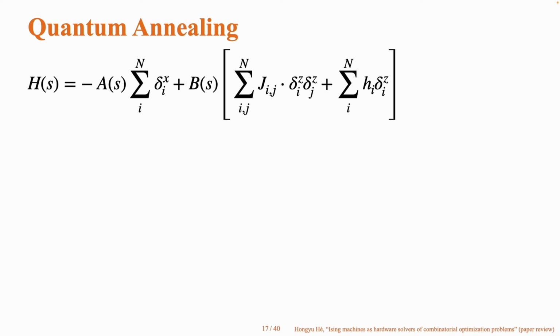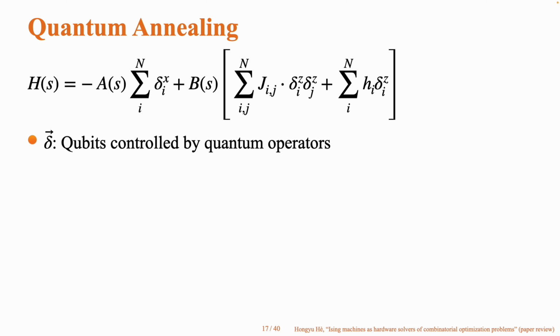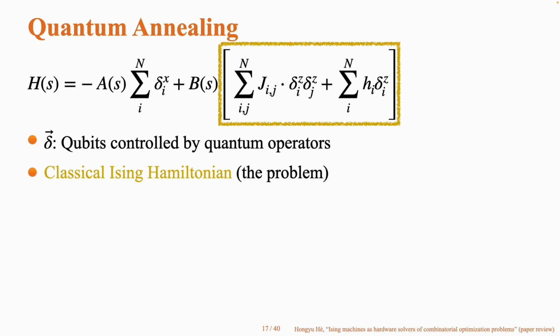So in quantum annealing, we still have a similar but a bit more complicated mathematical formulation. Here the qubits represent the spins instead of the oscillators, and we still have the classical Ising problem statement in the second part of the formulation.